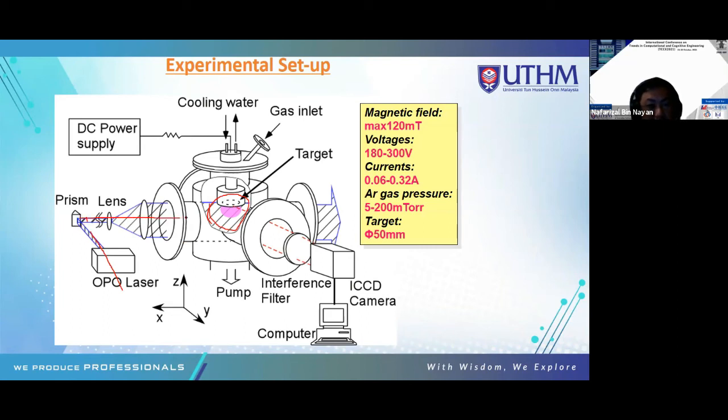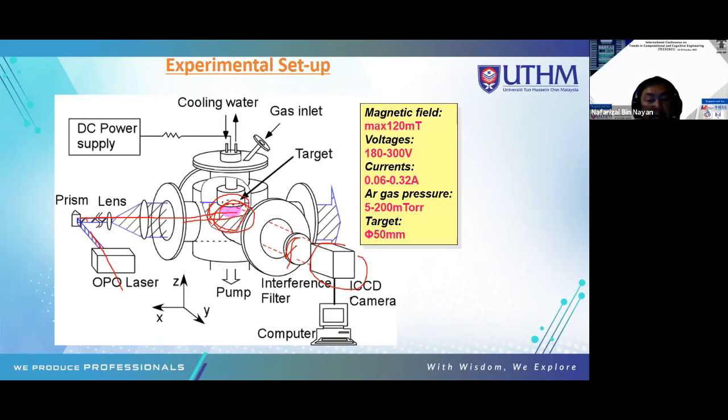We put the laser inside the chamber, just across the sputter plasma. Then we can capture the fluorescence created by the plasma and the laser using this ICCD camera. We have a filter in front of the camera to filter out the unnecessary emission.